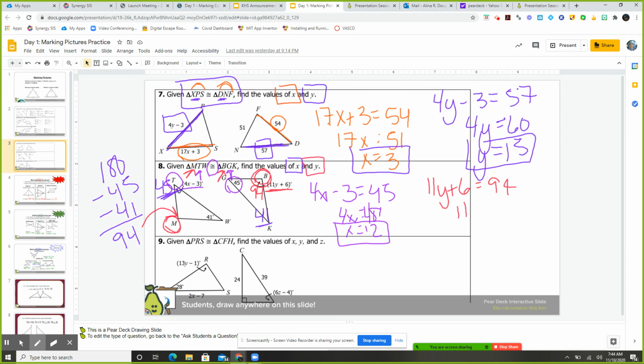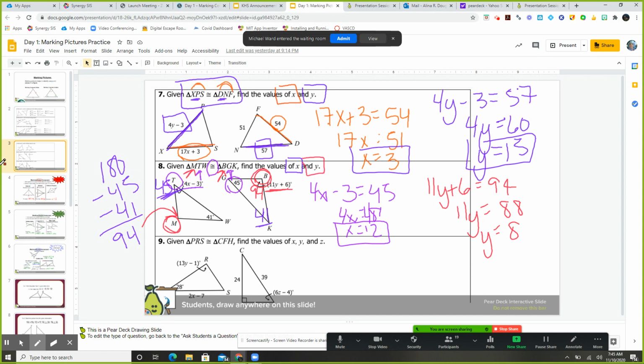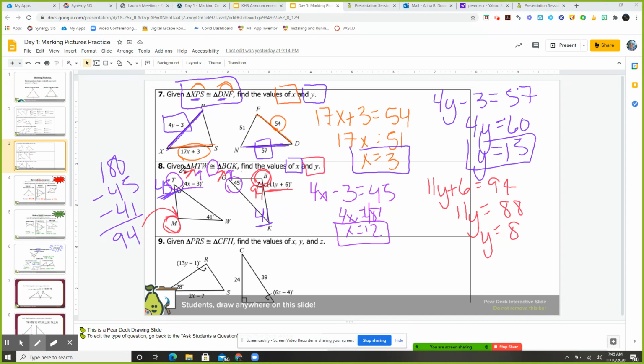Subtract 6 from both sides, and you get 11y equals 88, and y equals 8. Okay. All we're doing is using that key that you're given at the top. That given information is so important. So you're using this given information in order to set up your equations.